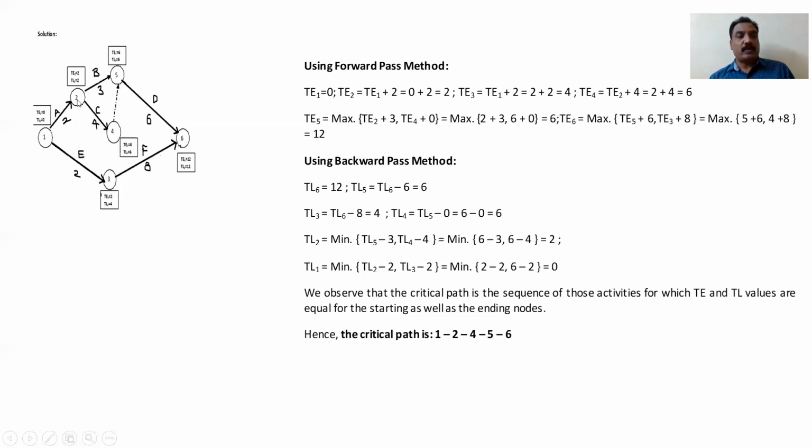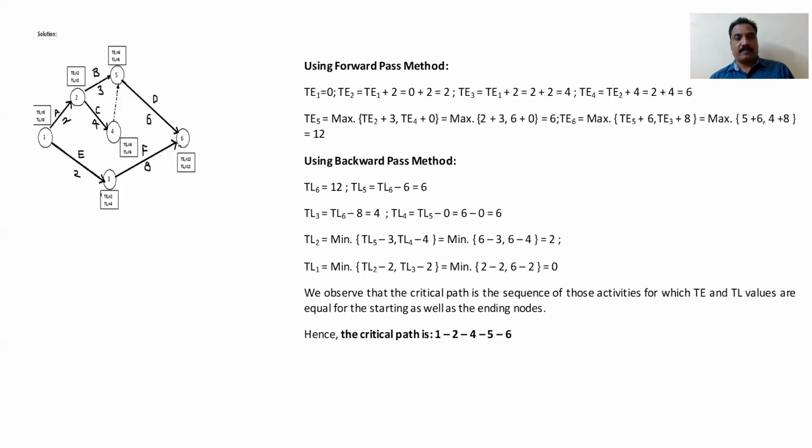Similarly, TL2. For 2, we have 2 arrows: we can go to 2 from 4, or from 5. In this case, we have to select the minimum. In the forward pass method, we selected the maximum of the 2; in the backward pass method, you have to select the minimum.